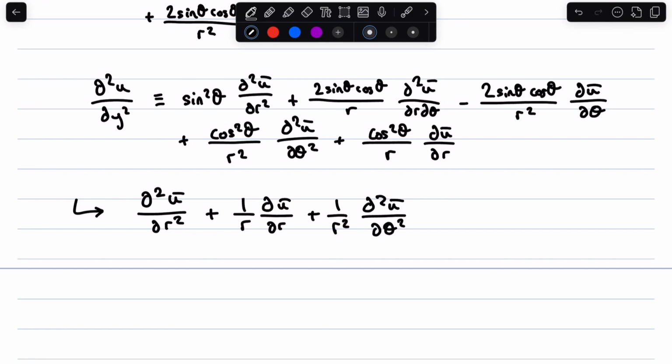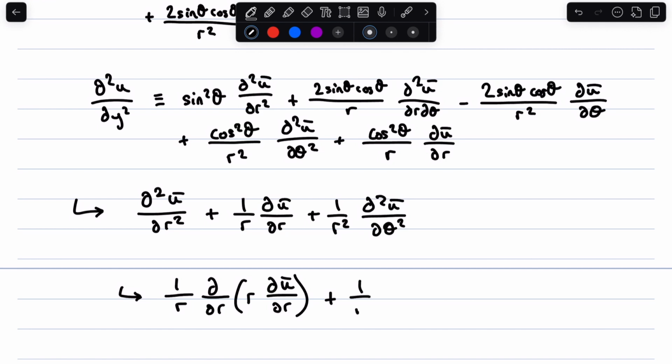And these first two terms are usually combined into one term, which is the same as 1 over r times partial d by dr times r partial du bar by dr. And if you multiply that out, you'll see you do get the same thing.